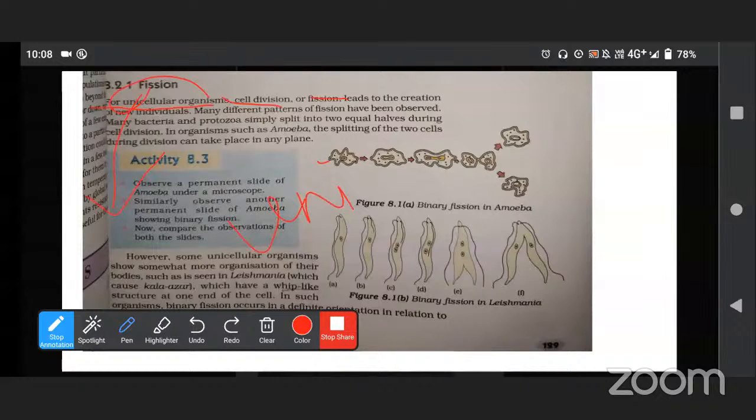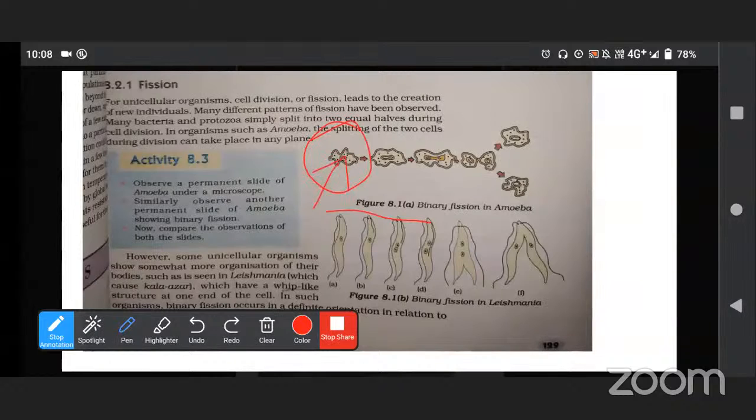So when a cell divides, from this cell division a new individual will be produced. Unicellular organisms use the fission method, and fission means cell division. So how do unicellular organisms develop by fission? Amoeba, we all know, is a unicellular organism. See this figure, figure 8.1. This is an amoeba, and it has a nucleus.